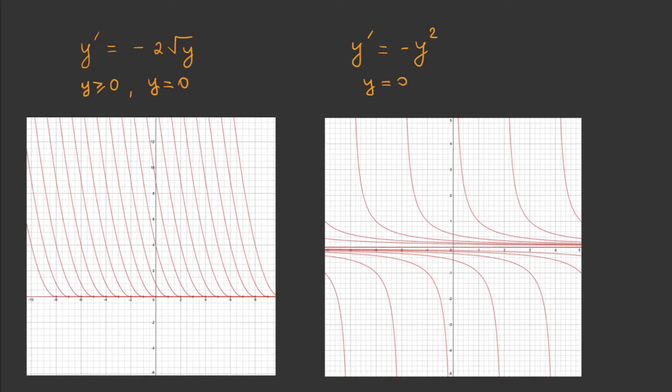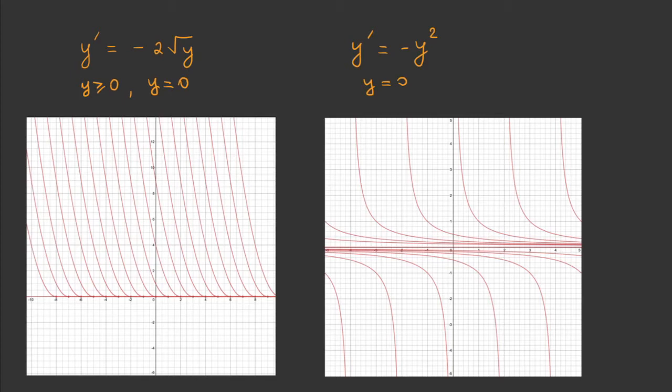And so what is quite different in these two pictures? Well, in the picture on the left, any two solution curves actually intersect. Even more precisely, we can say that any two solution curves have infinitely many points in common because they share a portion of the x-axis between them.